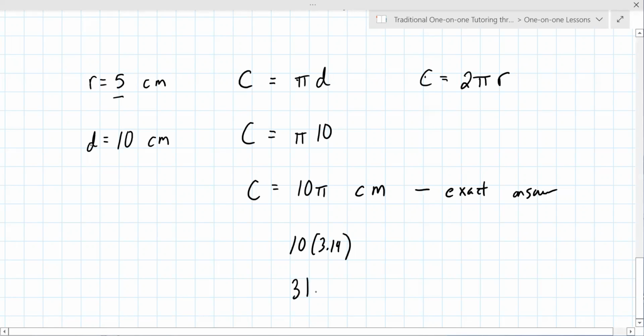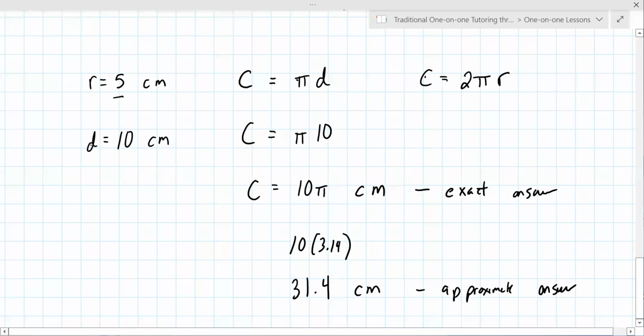What are the units that go with it? 31.4 centimeters. Good. And this is called the approximate answer. Do you have this written down?